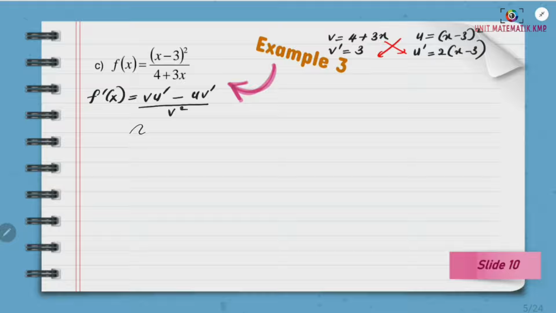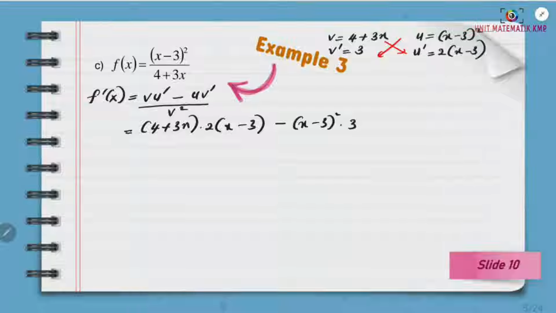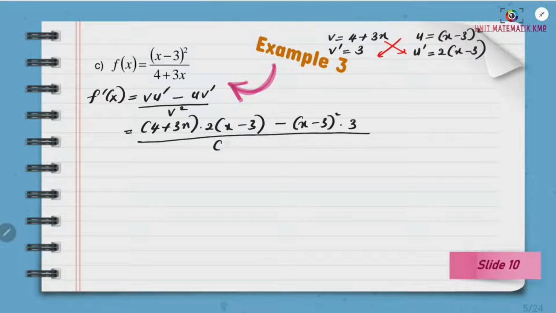Now we substitute. v is (4 + 3x) times u prime, 2(x − 3), minus u, (x − 3)², times v prime, which is 3, divided by v squared, (4 + 3x)².